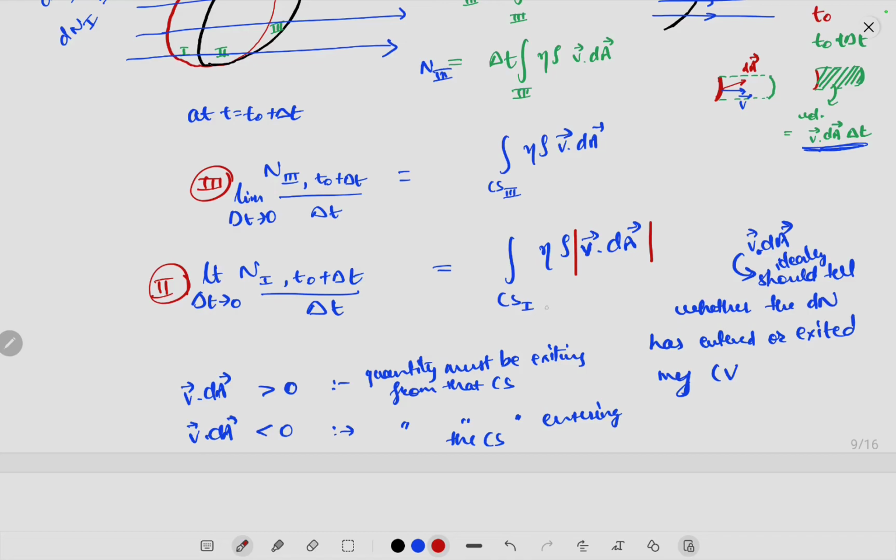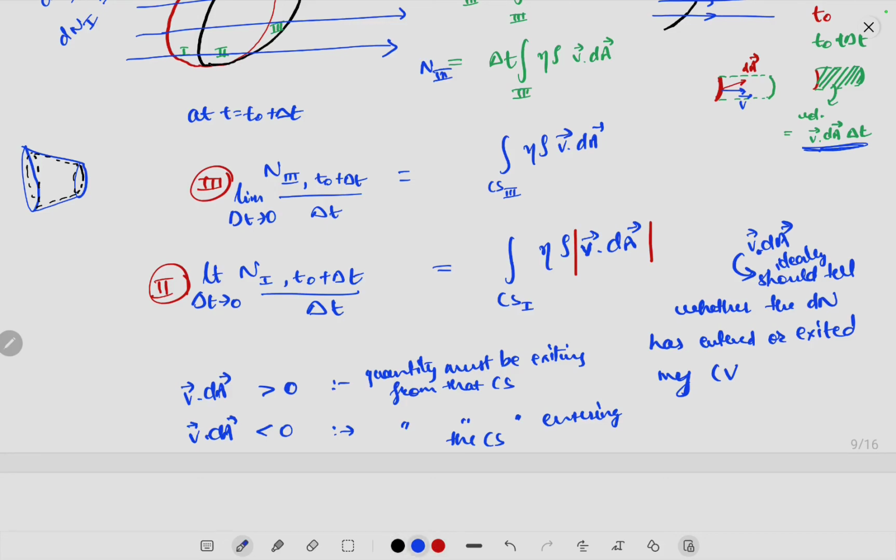That is, let's say you are given a problem. Let's consider a problem. This is your, let's say, pipe. Okay, and let's say I define my control volume like this.